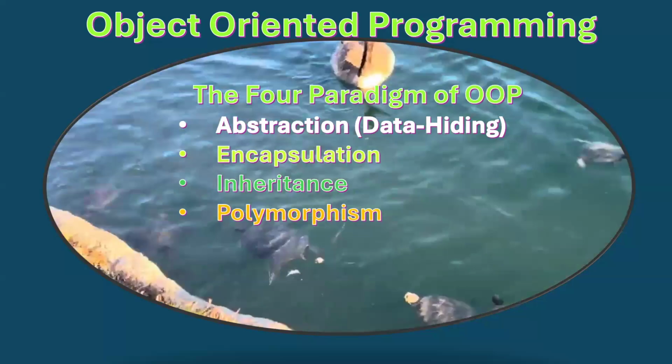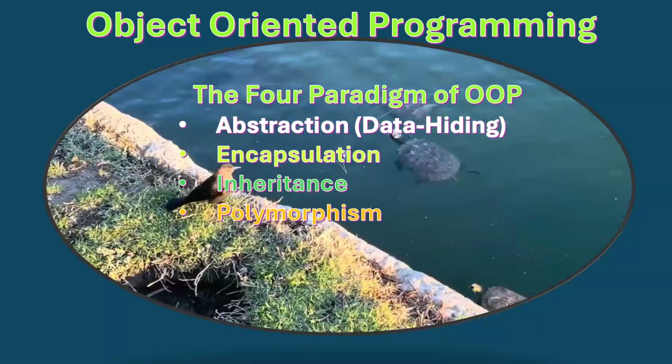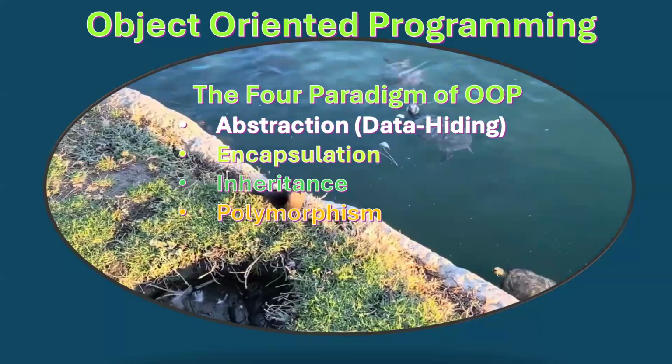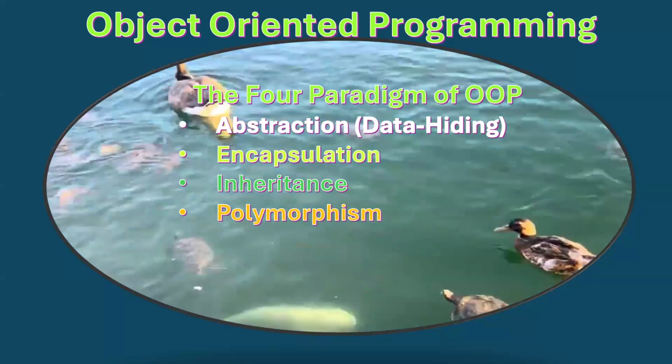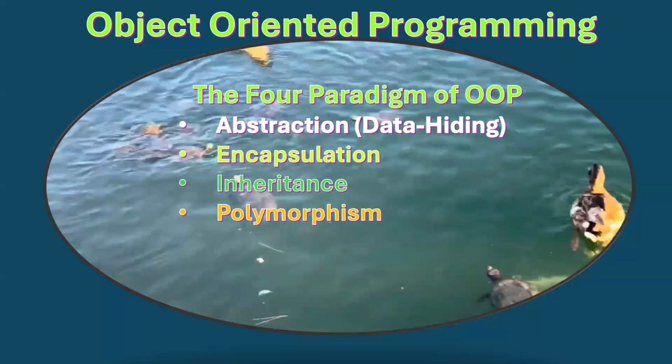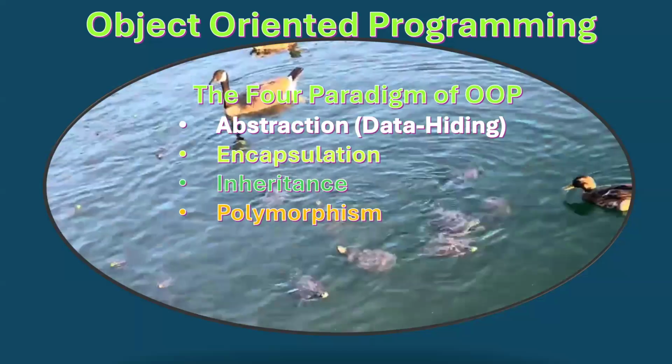Inheritance is almost a type of subclass, basically. For example, you create a class called animal, and then there are many subclasses. In this video, you could see five different subclasses.